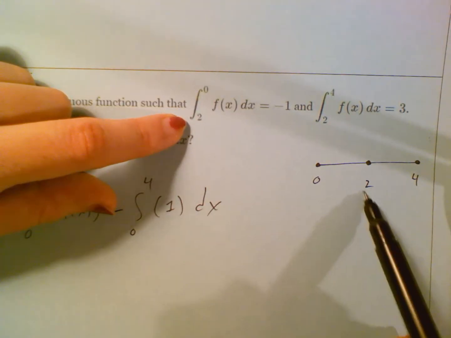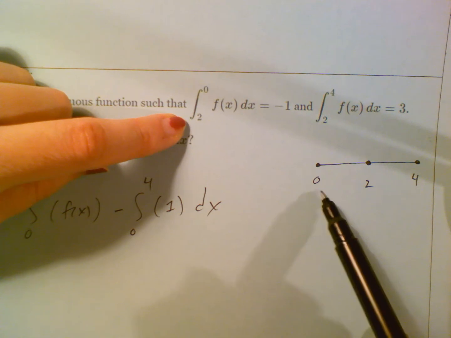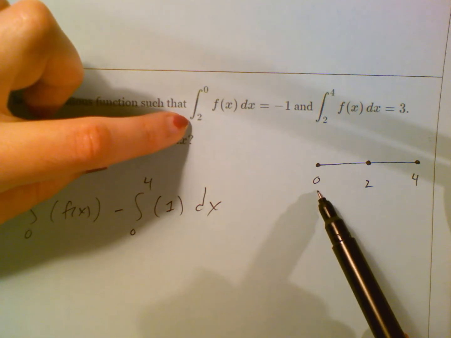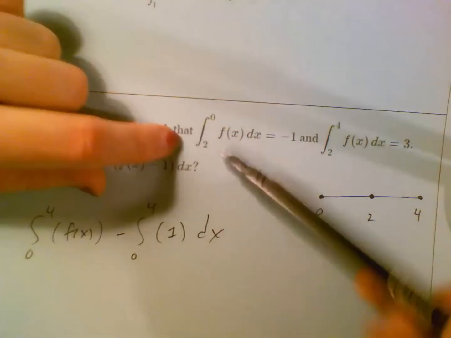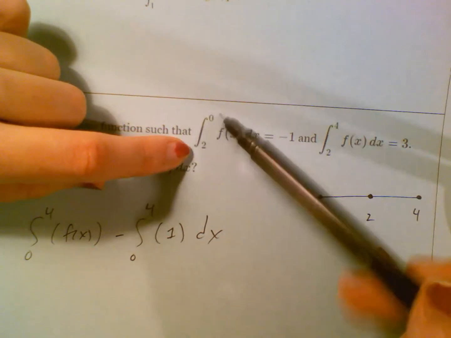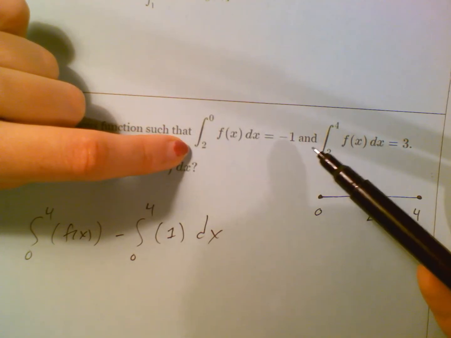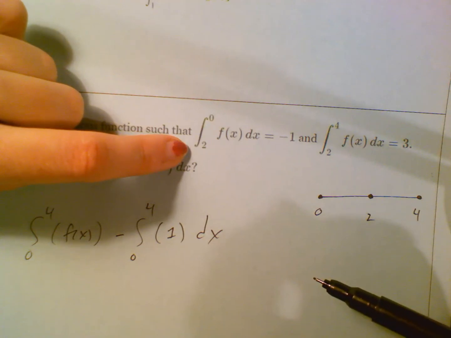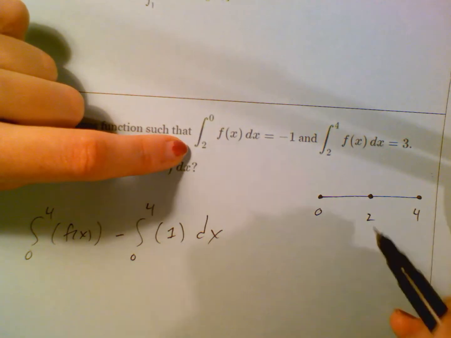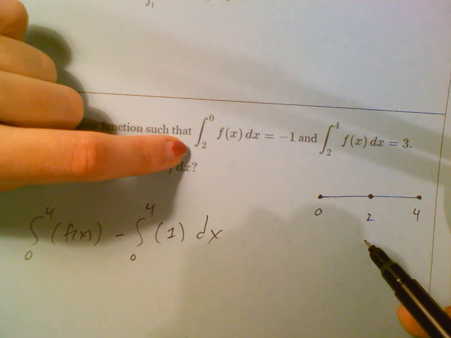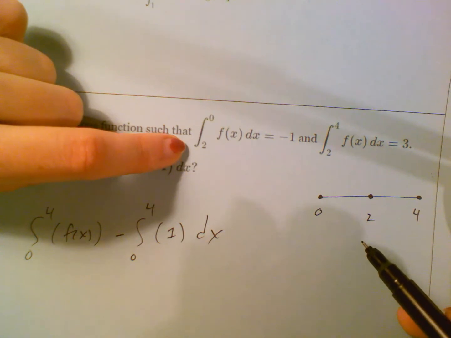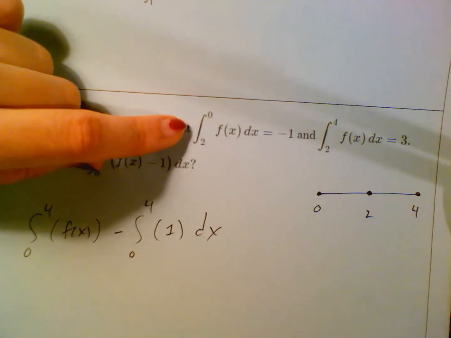So from 0 to 2, from 2 to 0, my bad. Okay, we know the area under the curve from 2 to 0 is -1. Well, 2 to 0, guys, is a backwards interval. So I want to be thinking of it frontwards.